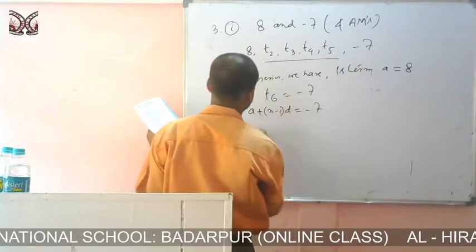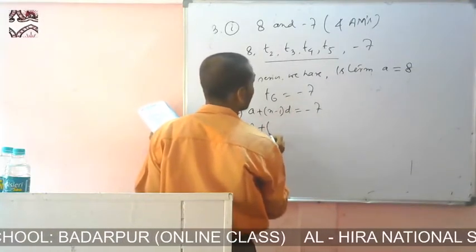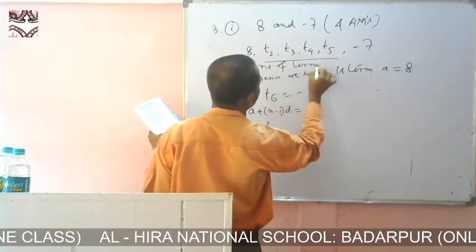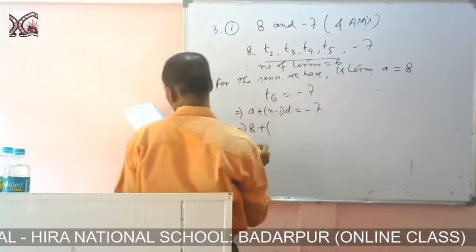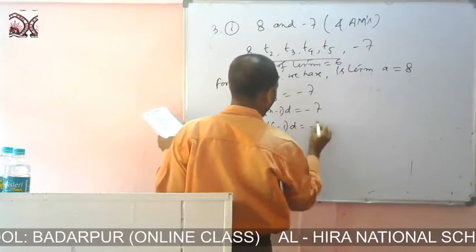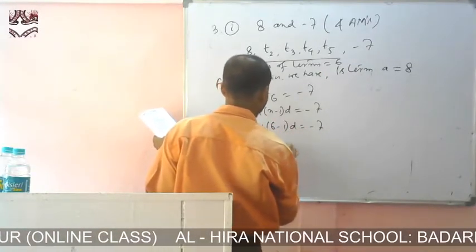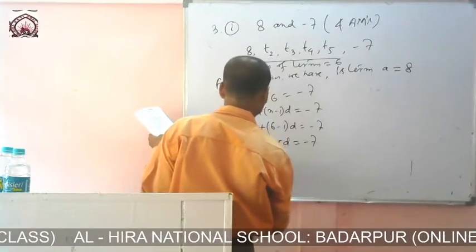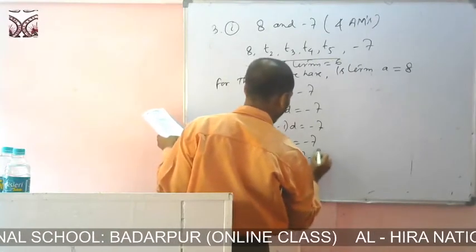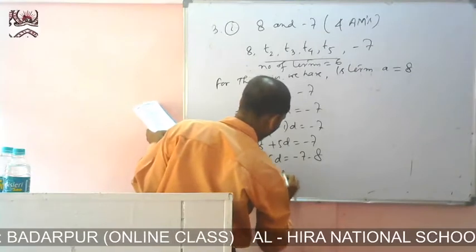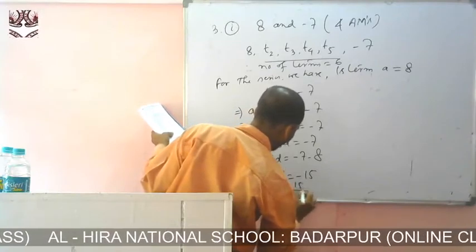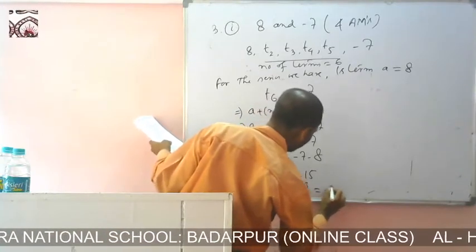A is 8, and the number of terms is 6, so 6 minus 1 into D. So 8 plus 5D is equal to minus 7. So 5D is equal to minus 7 minus 8, which is minus 15. Therefore D is equal to minus 15 by 5, which is minus 3.